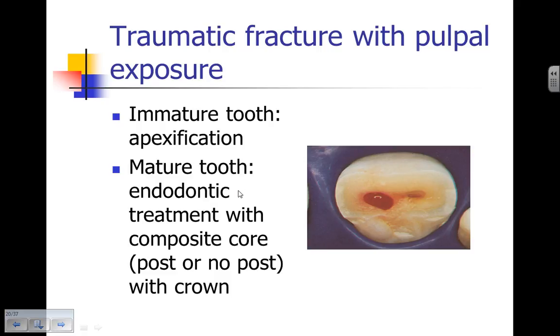For the mature tooth, the older tooth, the tooth on the adult patient, our treatment will in some cases be endodontic treatment with a composite core, with or without a post, followed by a crown. We can treat a tooth endodontically with or without a post and place a direct composite for a teenage patient where we want to wait before we place the crown.